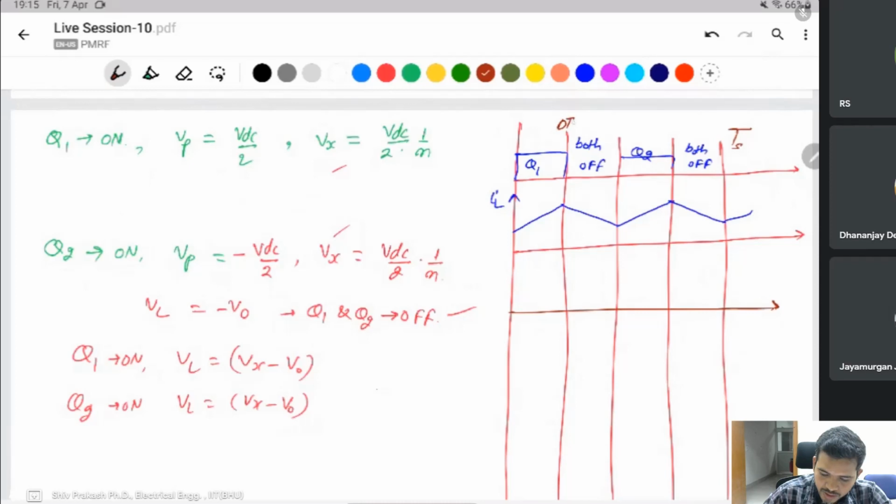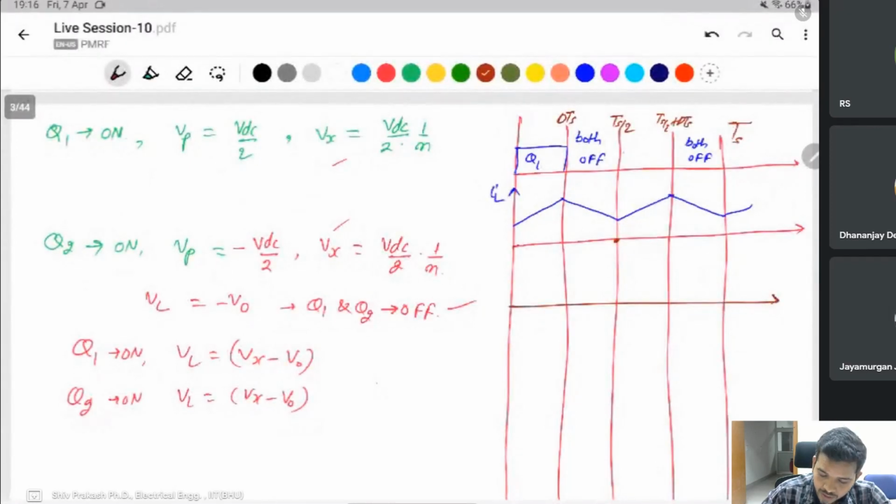This one is dTs, Ts by 2, and Ts by 2 plus dTs, and this one is Ts. If you apply it over the cycle, then dt will be twice, d1 and d1. The inductor voltage occurs two times in a cycle.